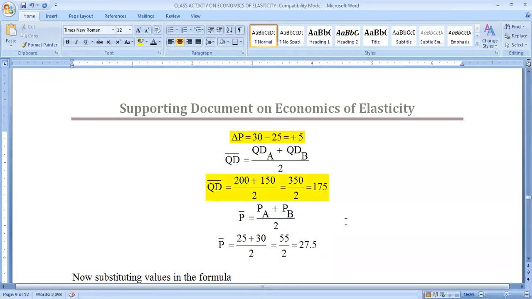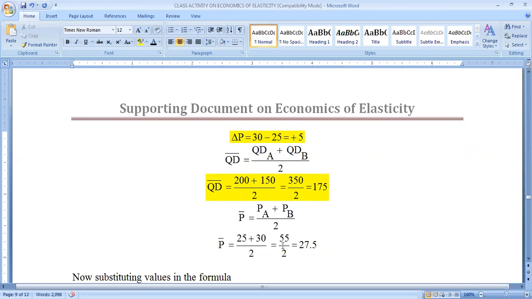Now let's move to the component 4 of the formula, which is P bar. P bar is the average price of 2 points, which is PA plus PB divided by 2. So price at point A is 25, price at point B is 30. The sum is 55. Dividing the sum upon 2, we obtain 27.5.